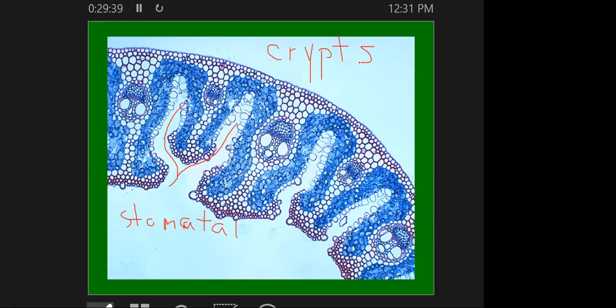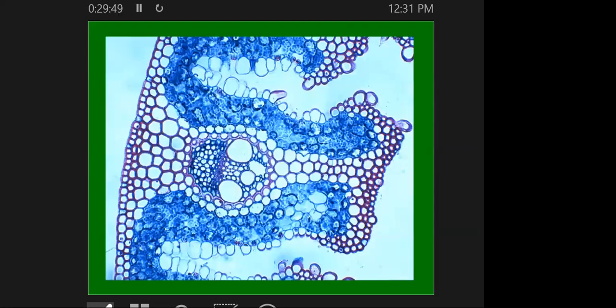So why do they call it that? Well, you've got to look. Let me zoom in a little bit. Here's a zoomed in picture. If you look on the very rightmost portion of the plant and just follow, there's no stomata. They're not there.